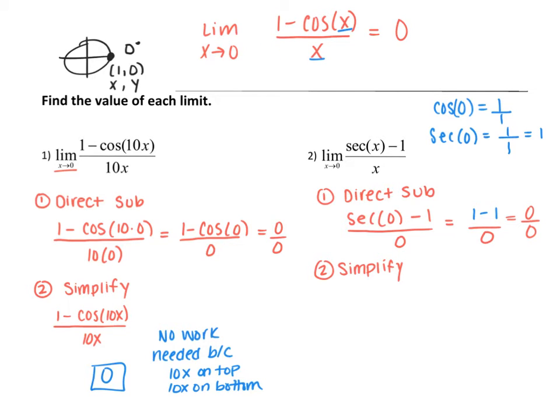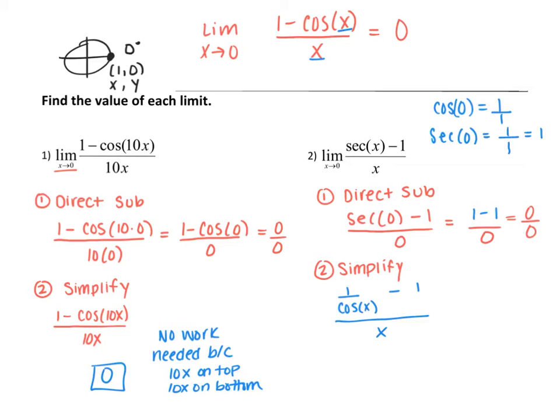I really have no cosines in this problem, so what I can do is know what secant is equal to and rewrite it. I know that secant of theta, or secant of x, is 1 over cosine of x. Then I'm going to subtract 1 all over x. So all I did was rewrite this secant as 1 over cos, and then I brought down the minus 1 and the x.